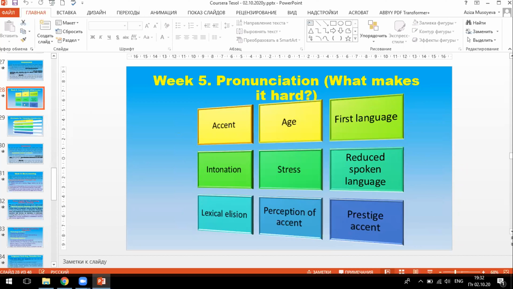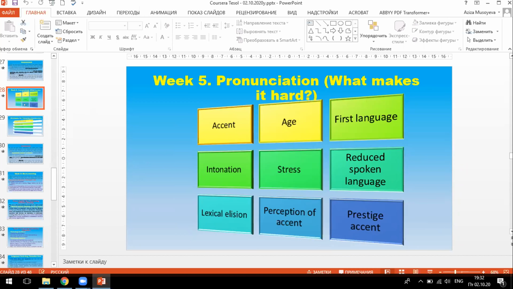Yeah, I agree with you. That's the issue that most of the time we teachers come across, right? And in pronunciation, for example, intonation can make it hard, sometimes stress, sometimes reduced spoken language.